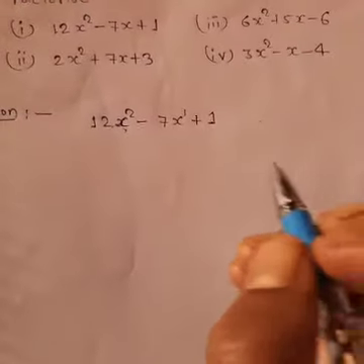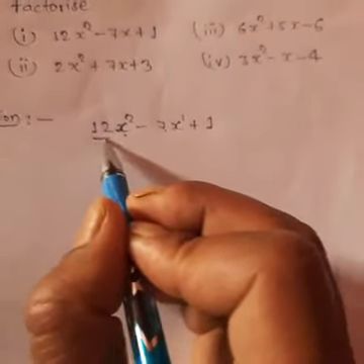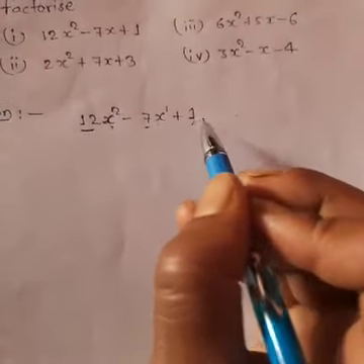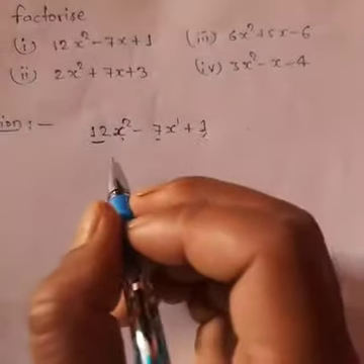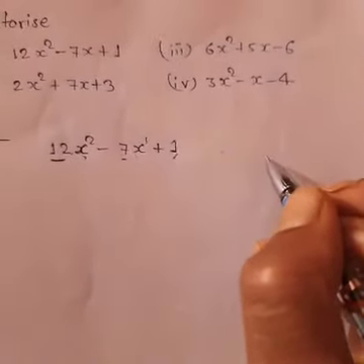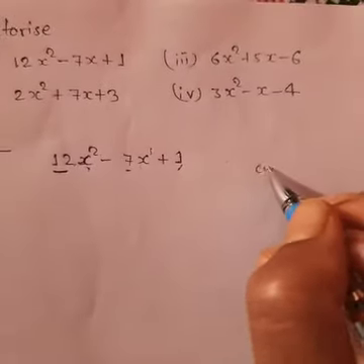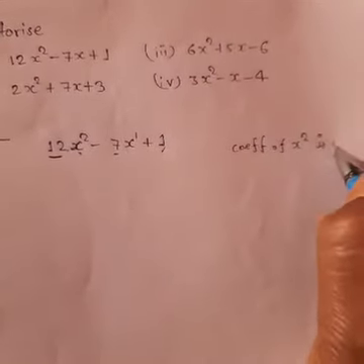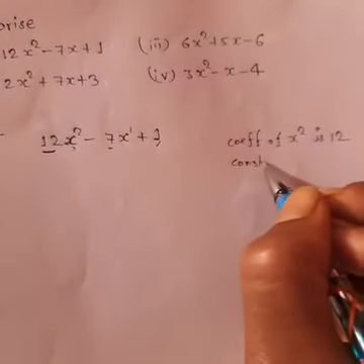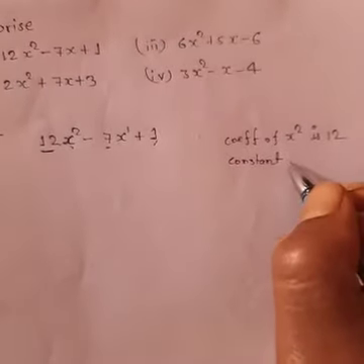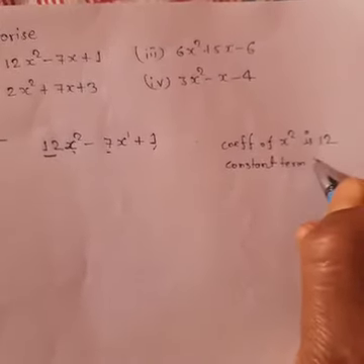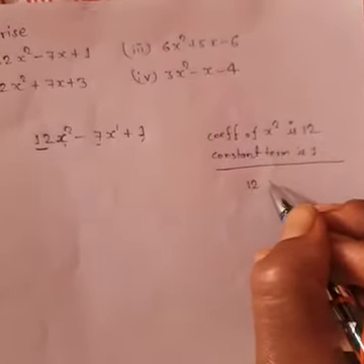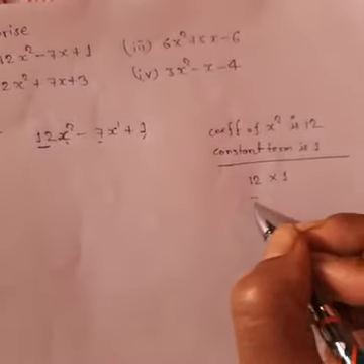Now see how we solve. The coefficient of x square is 12, the coefficient of x is minus 7 and the constant term is 1. First of all we take the coefficient of x square, which is 12, and the constant term, the term that does not contain any variable, which is 1. We multiply these two, so 12 times 1 is 12.